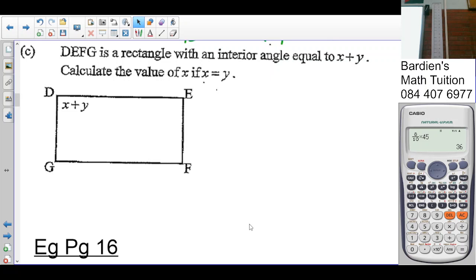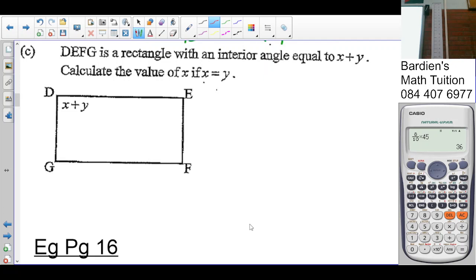They say it is a rectangle with the interior angle equal to x plus y. Calculate with reason the value of x if x is equal to y. So, what is the size of angle D? 90 degrees.